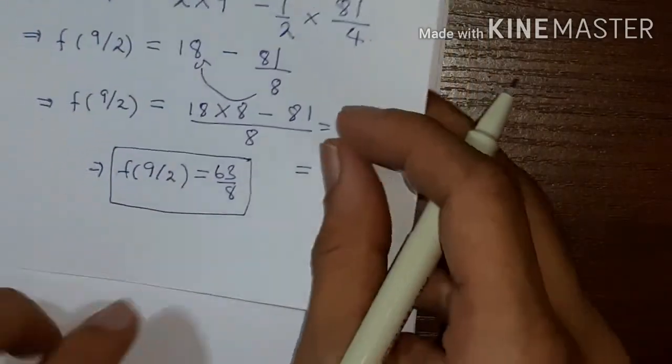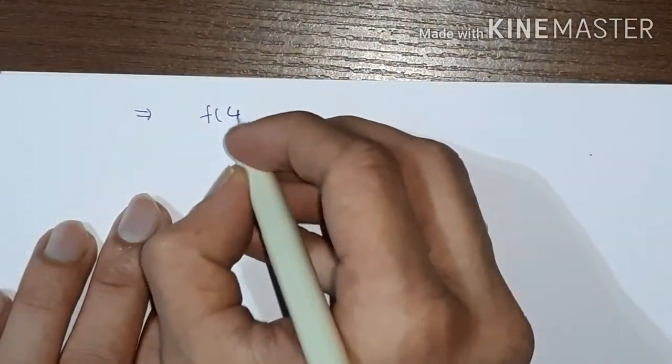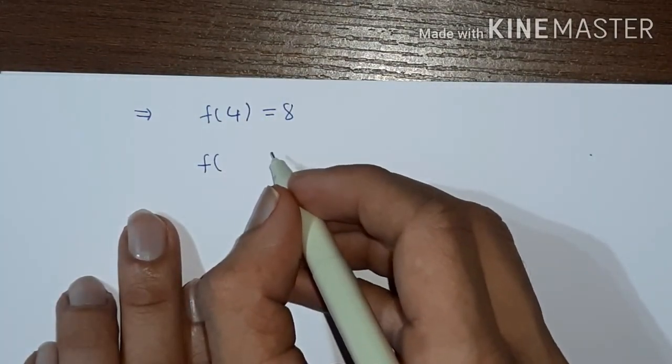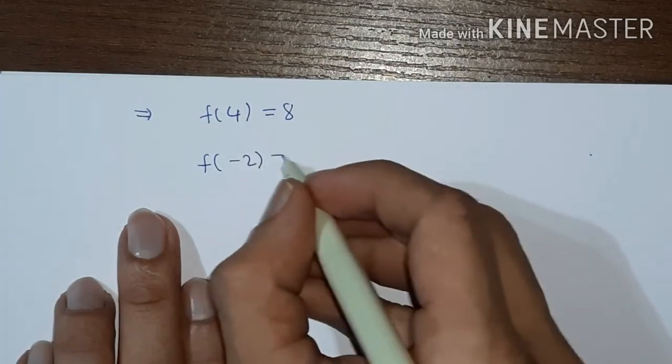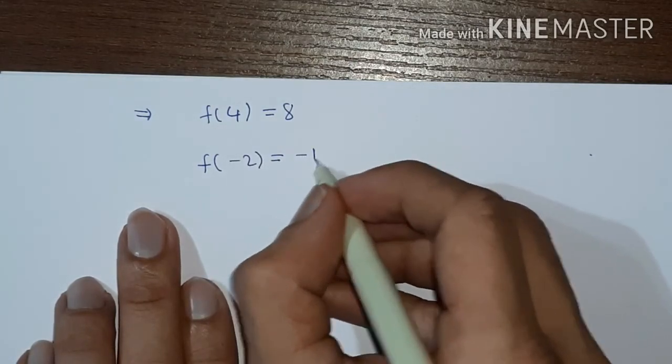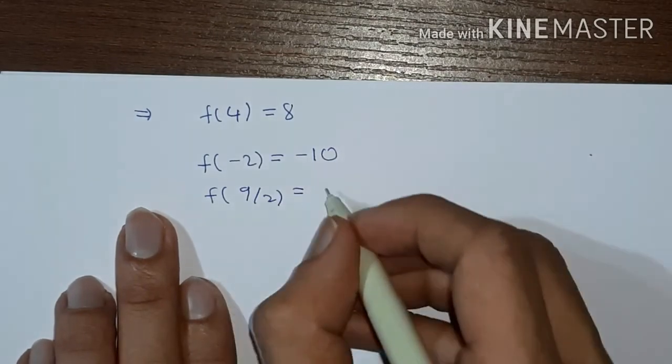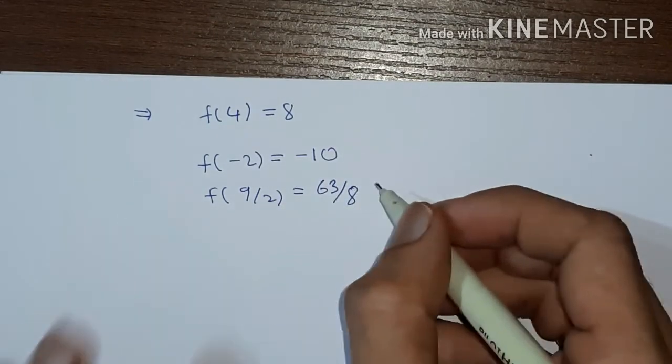I am getting the value as 63 by 8. Now let us write all the values that we have got. So f of 4 is what? 8. Then f of minus 2 is minus 10. F of 9 by 2 is what? 63 by 8. Okay, these are the values.